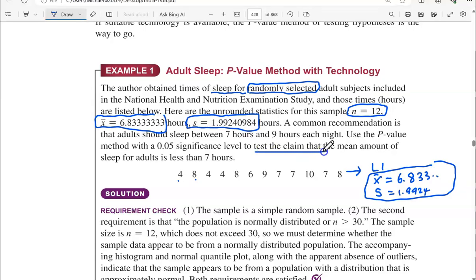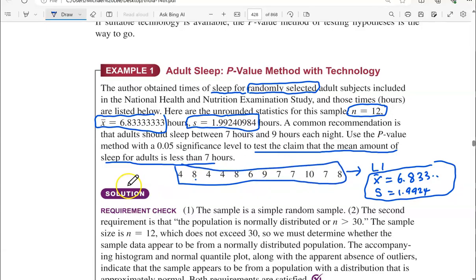Okay, now this is the claim. Test the claim that the mean amount of sleep for adults is less than 7 hours. So from this data set, can you say the average number of hours people sleep is less than 7 hours?